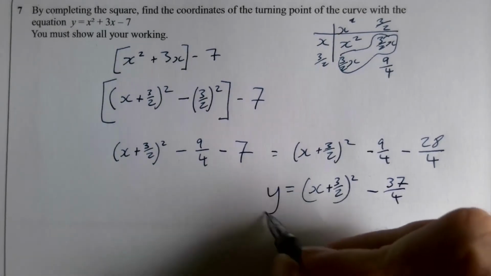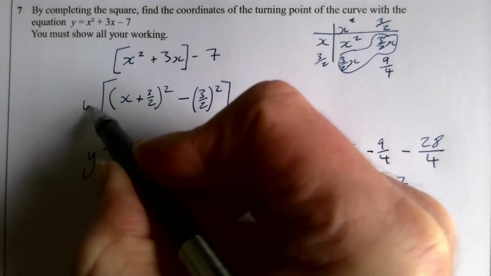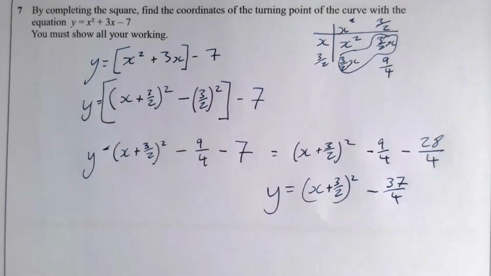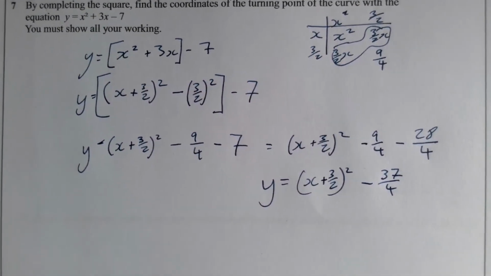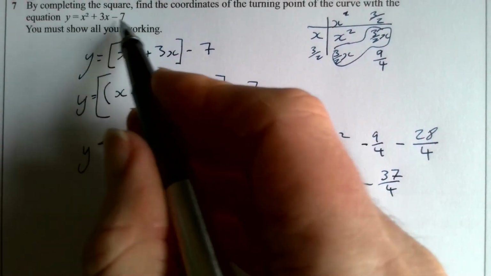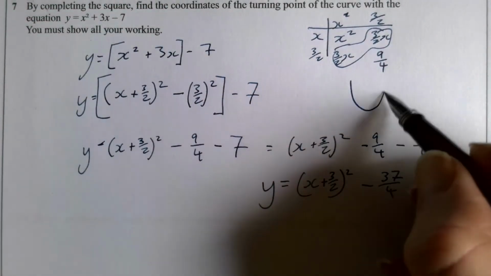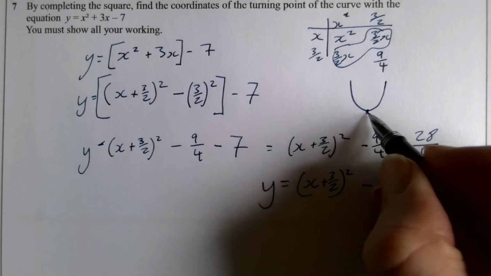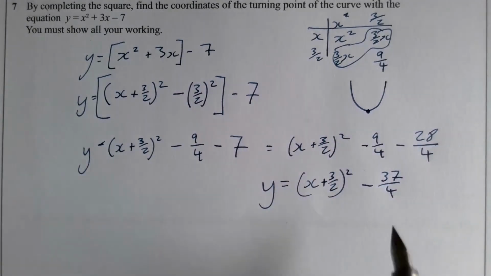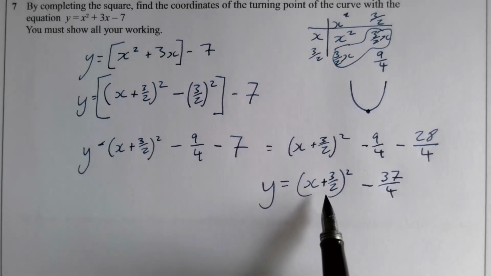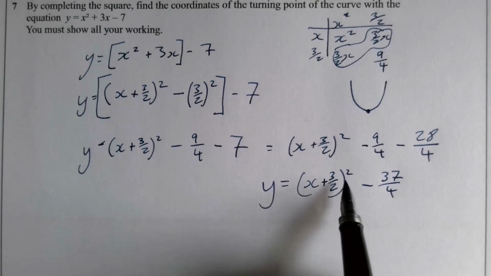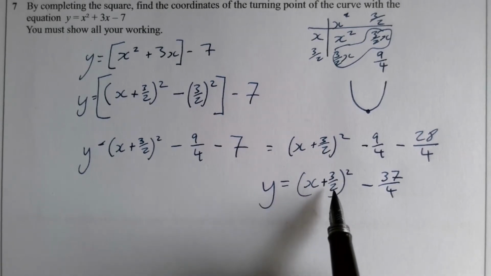And remember, this whole thing all the way through is y equals, and the turning point for, whenever you've got a quadratic, that's going to produce a curve that looks like that. So we're looking for the smallest value possible. The smallest value possible is going to happen, because this is a square and you can't have a negative square, the smallest amount this could make would be 0.